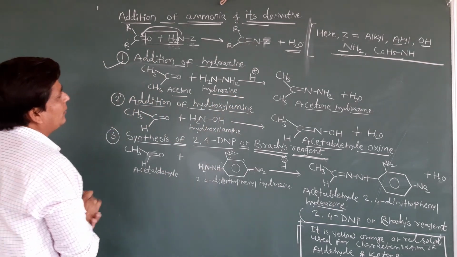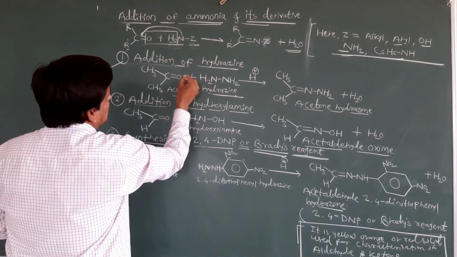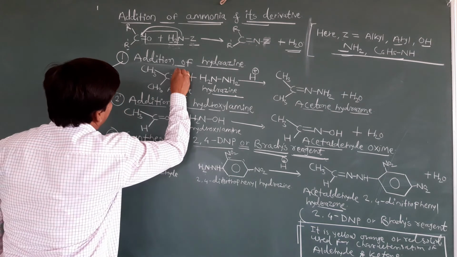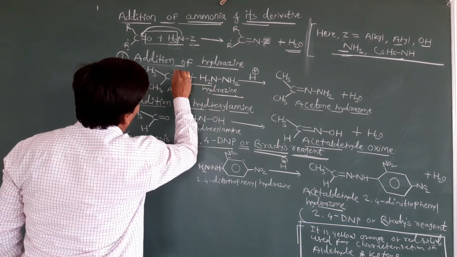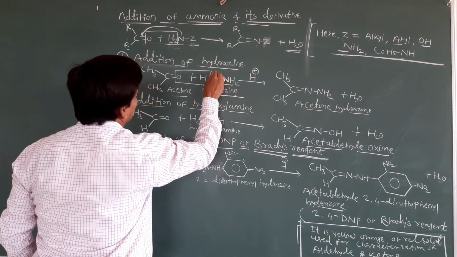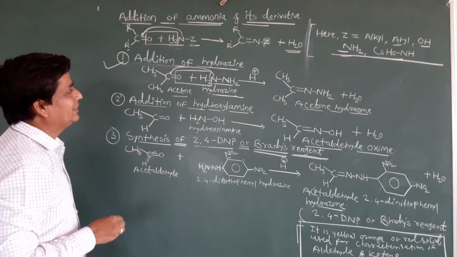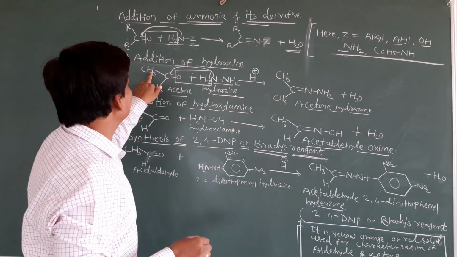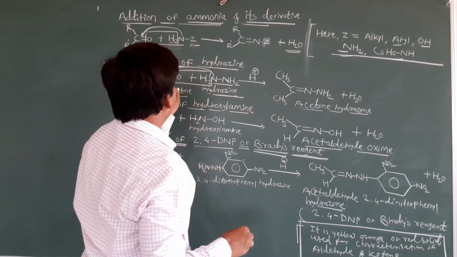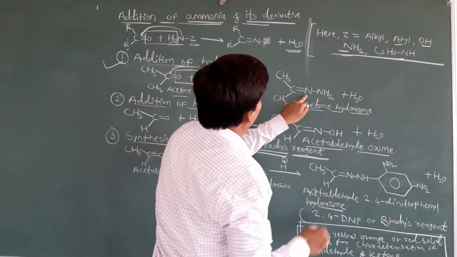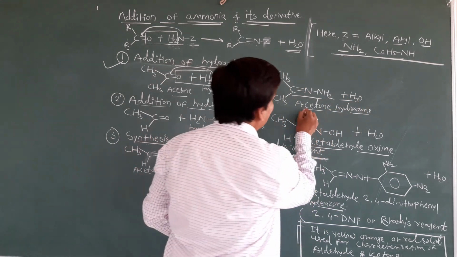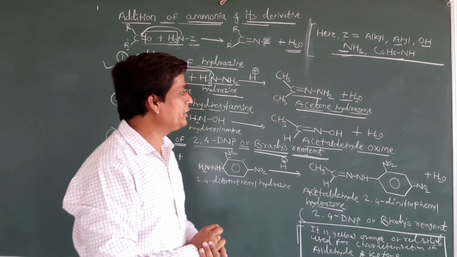So what happens now? Here also a water molecule will be removed. The bond will break from here: this oxygen and these two hydrogens, H2O, will be removed, and this NH2 group is going to be attached to this carbonyl carbon. So simply here we get CH3 as it is, the other CH3 as it is, the double bond remains as it is, NH2 will attach, and the water molecule is removed. We call it acetone hydrazone.